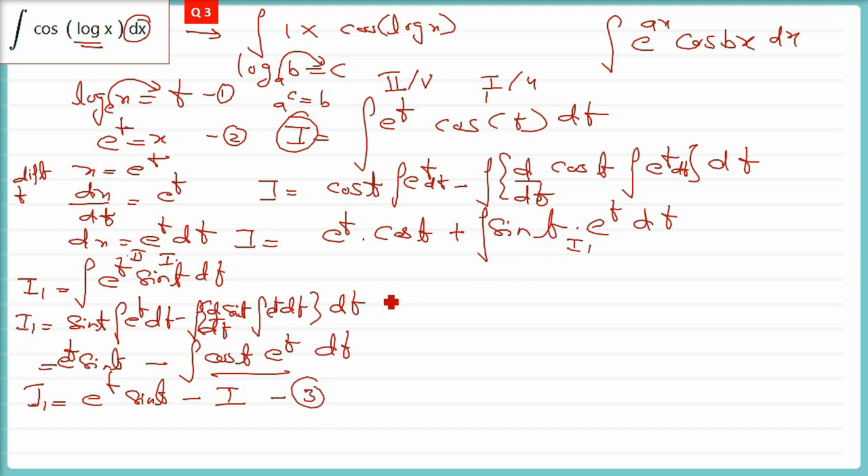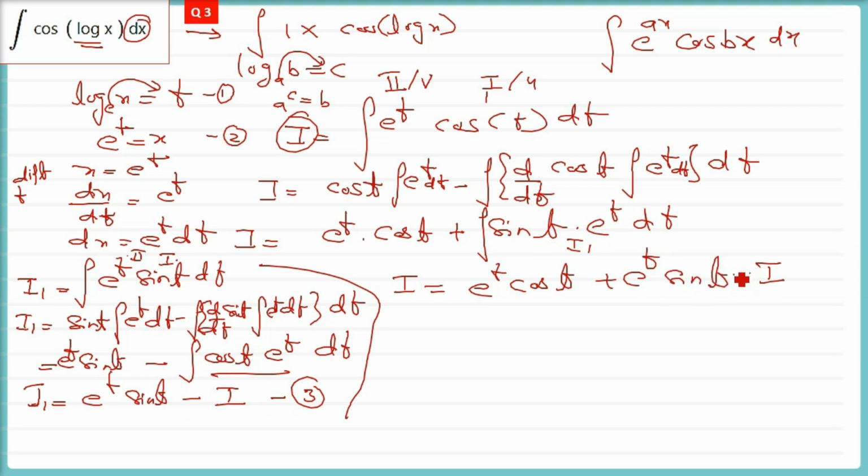Now we are replacing this I1 in our I from where we left. So I will be e raised t cos t plus this I1, which will be taken from equation number 3, that is e raised t sin t minus I. Now this I can be taken on the left hand side. So I plus I will form 2I, and this will be equal to e raised t cos t plus e raised t sin t.